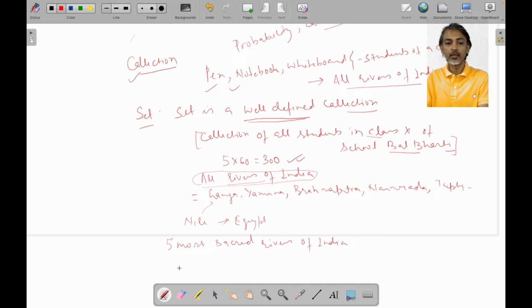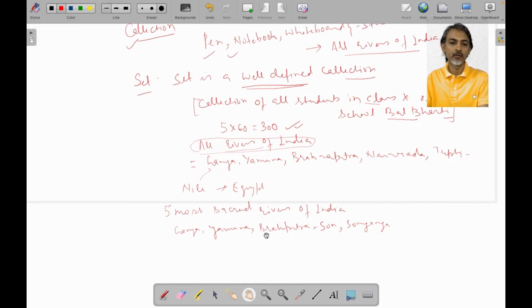Say a person who belongs to North India might say Ganga, Yamuna and Brahmaputra, and there will be 2 more, like say Son and then even Son Ganga, right? So all these 5 rivers, according to him, are the 5 most sacred rivers.